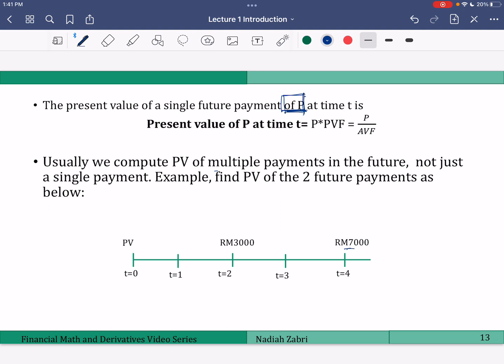It is our actual payment that we want to achieve at time T. So the payment is P. To achieve P, how much do we need now so that we can achieve P at the ending of the investment? To do that, we can do it 2 ways: P, the payment, times the present value factor, or P over the accumulated value factor.